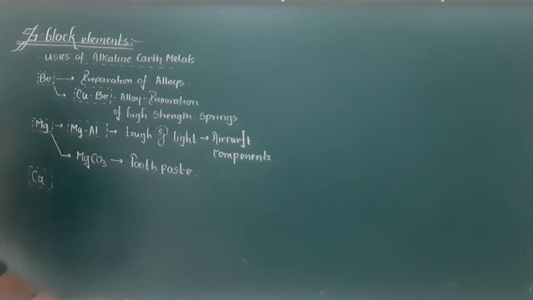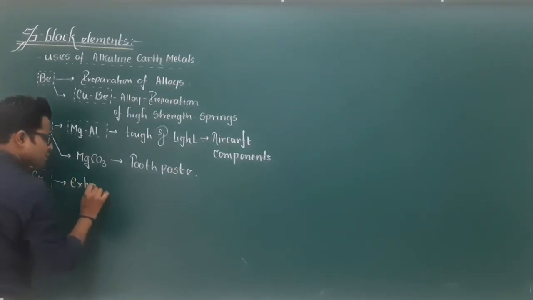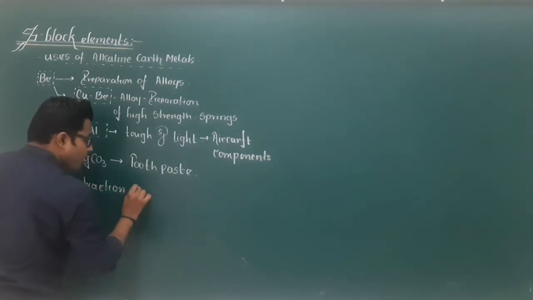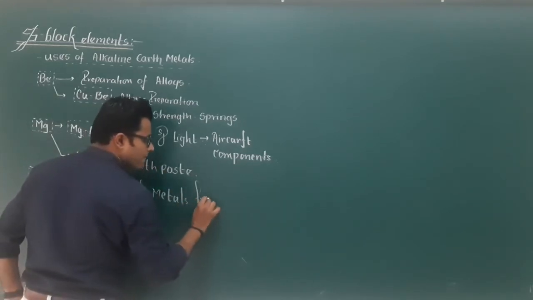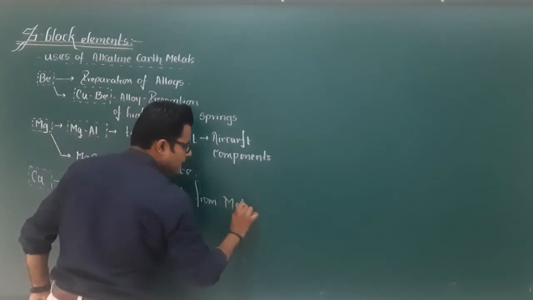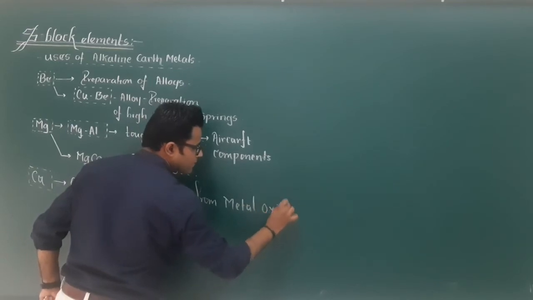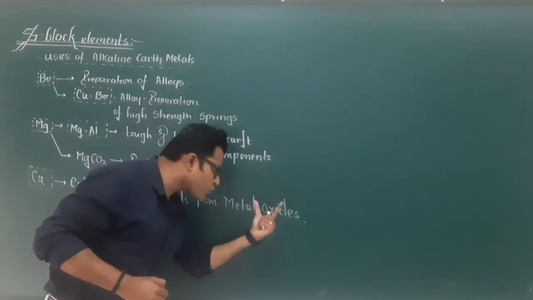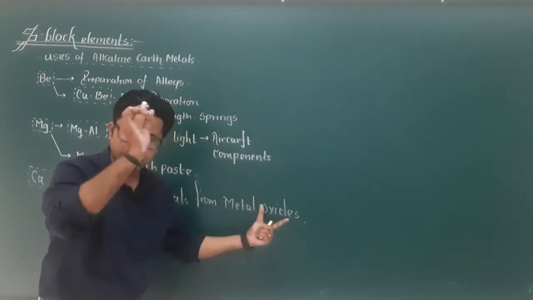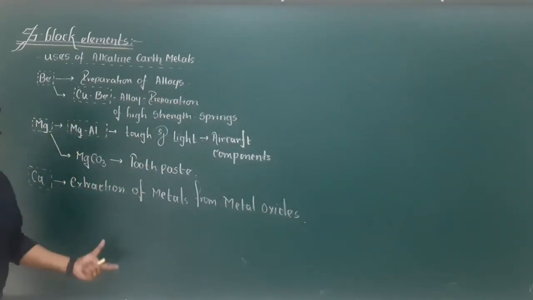Okay, so now this particular calcium is used in extraction of metals from their metal oxides. In the situation where we cannot extract metal from metal oxides using carbon, in such particular cases we use calcium.